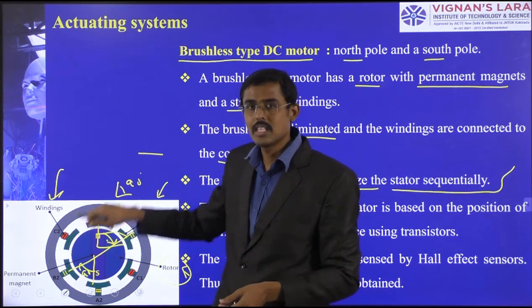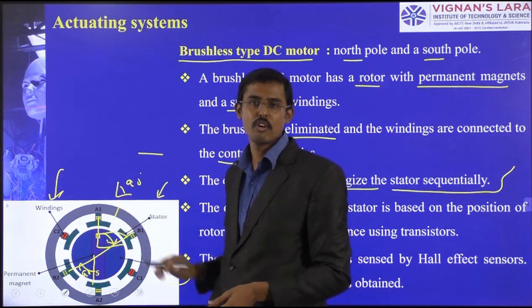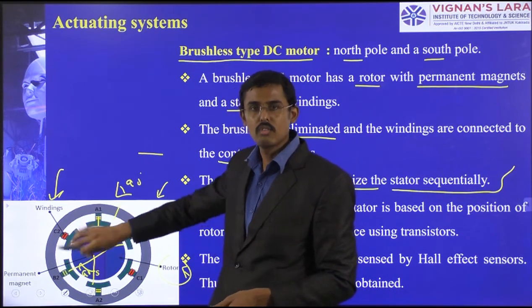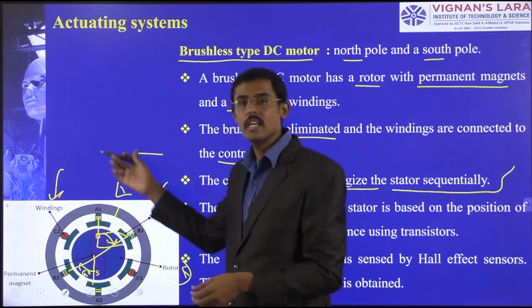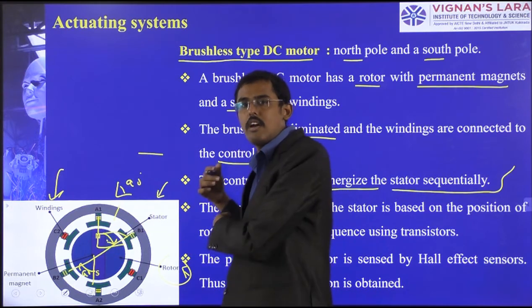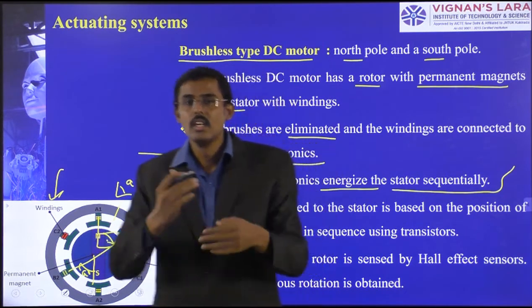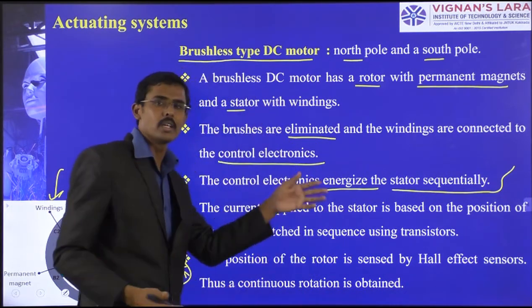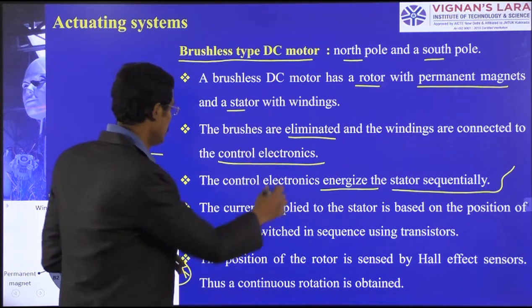So as per the sequence of energizing, we will get the rotation of the north pole and south pole, and there we will get the torque, and the shaft which is connected will get the rotations. So this is how we can easily operate this motor system.